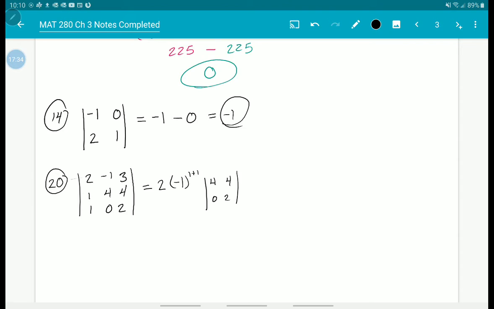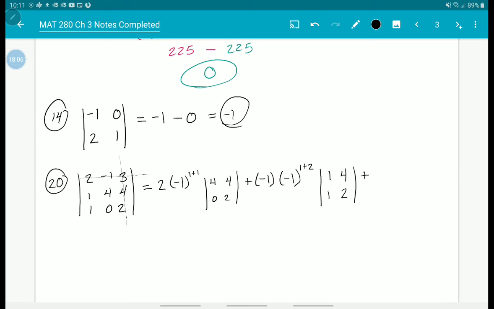And then we're going to move on to that next entry. So it's going to be plus. We've got -1 as that entry right here. And then we have -1 to a power. Now we took out the first row and the second column. What's left over is this. Plus.